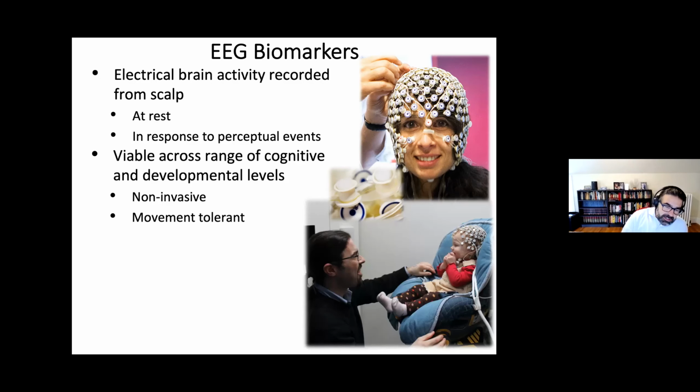One of the things that's really nice about EEG, for people interested in understanding autism and looking at it in children, is that it's a really user-friendly way of measuring brain activity. We can do this in infants, we can do this in people who have genius level IQs, and we can do it in people with significant intellectual disability. It's non-invasive. The technologies that we have now don't even require you to abrade someone's scalp, and it's movement tolerant.